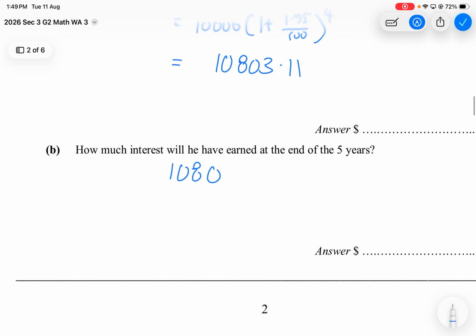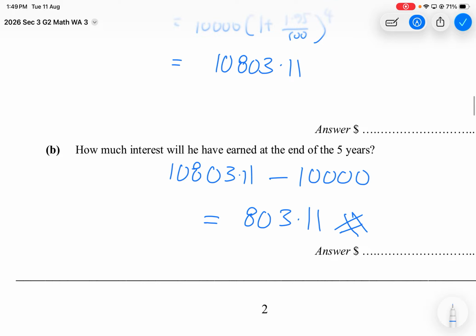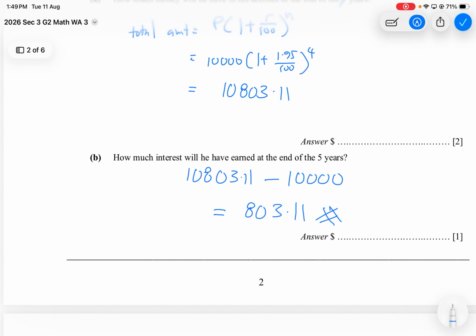You must take the final amount minus the principal that he put in. 1 mark. Okay? So you must know the entire story first. Total amount is what you put in plus all the interest already. Then when you only want the interest, you take away his original.